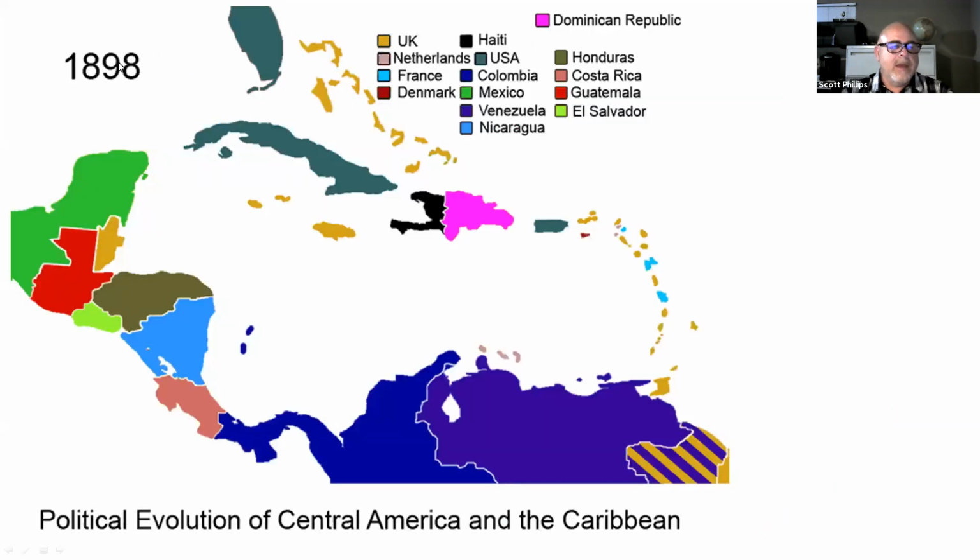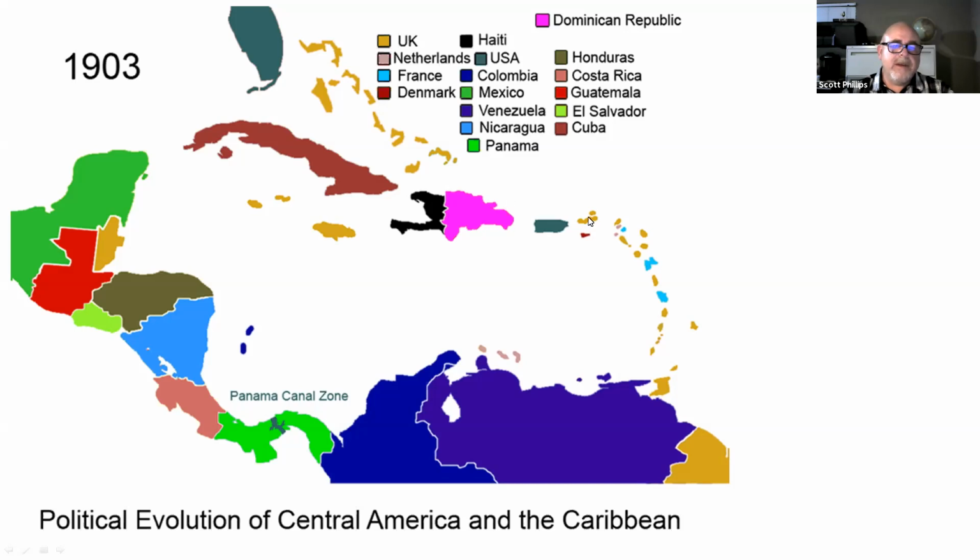All right, so 1898, now the US has control of Cuba and it has control of Puerto Rico. This is Colombia here. A little after that, in early 1903, Panama becomes independent. The U.S. has some hand in that and gets a concession of the Panama Canal Zone here, which the U.S. controls into the later 1900s.